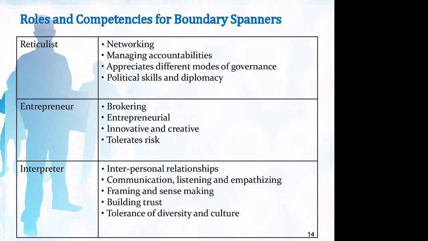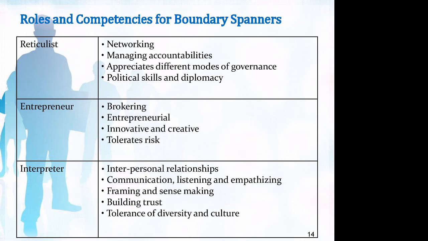And then the roles and competencies of boundary spanners. So reticulist, because of networking, then managing accountabilities, appreciating different modes of governance, and political skills and diplomacy. So they will be acting in all these roles and competencies. What do they maintain as a reticulist? What do they do as an entrepreneur? Then interpreter.